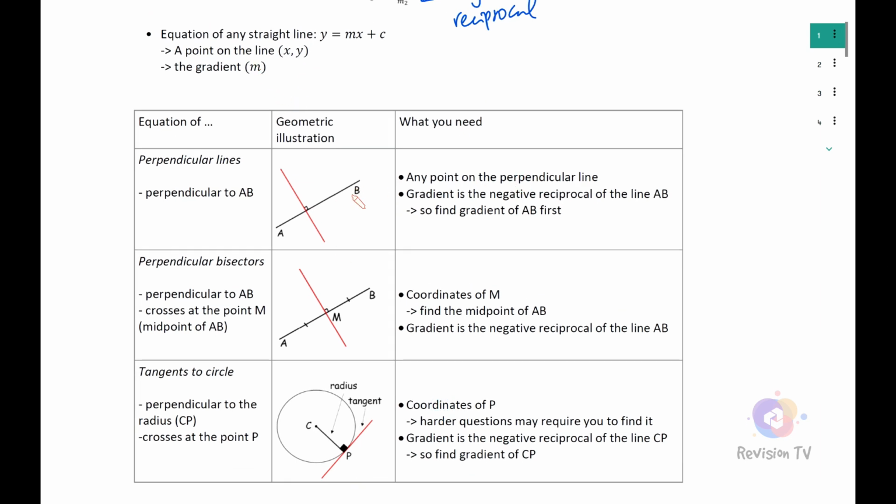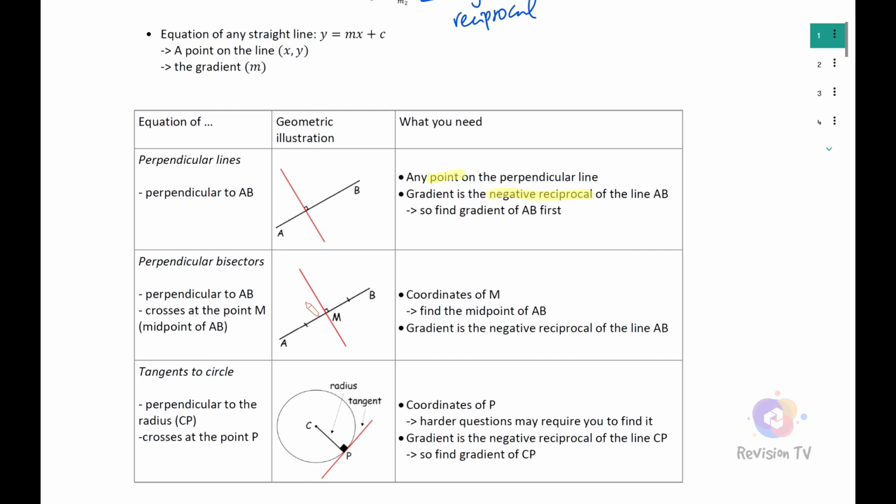One, a point: any point on the perpendicular line, any point on the red line. And two, the gradient, which is the negative reciprocal of the gradient of AB. So in order to find the gradient of the red line, we can find the gradient of AB and then take the negative reciprocal.